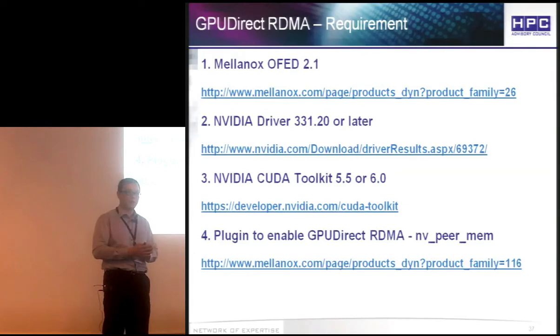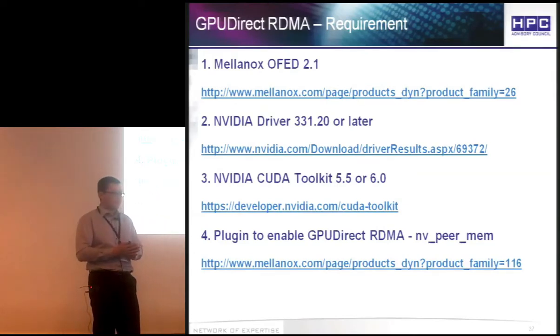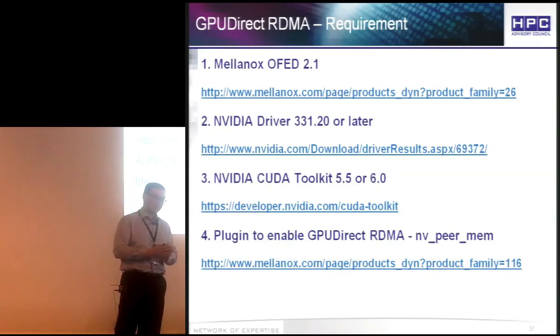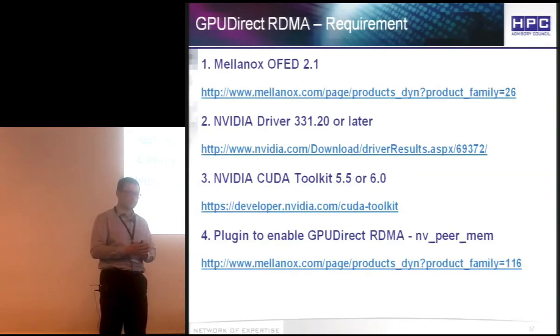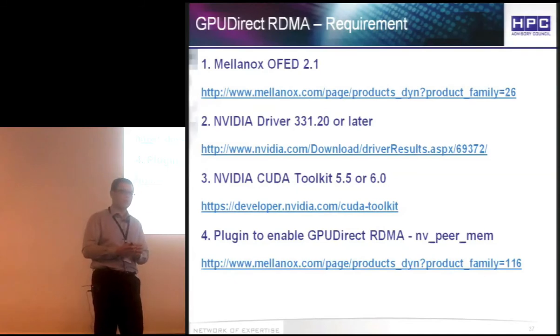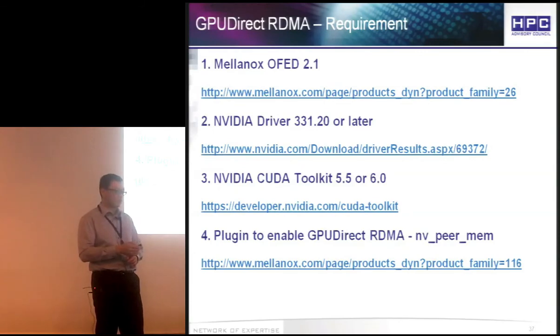I think there's an early access version out there right now. And finally, the heart of GPUDirect RDMA is called nv_peer_mem. This is a kernel module that actually allows GPUDirect RDMA to take place. So all that information is here.